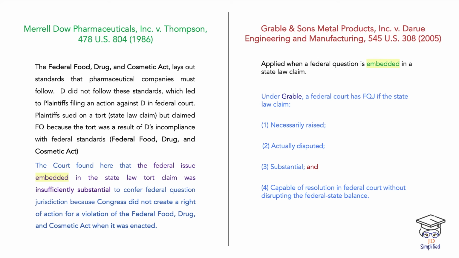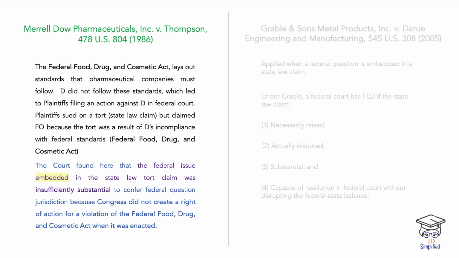Let's do a quick comparison between Merrell Dow and Grable. Indulge me. It's important that you grasp this material and that you see the difference between the two cases. In Merrell Dow, the plaintiffs incorporated the Drug Act standard into their negligence claim against the pharmaceutical company. And they alleged that because the pharmaceutical company did not meet the standards of this federally created Drug and Cosmetics Act, their child was injured.